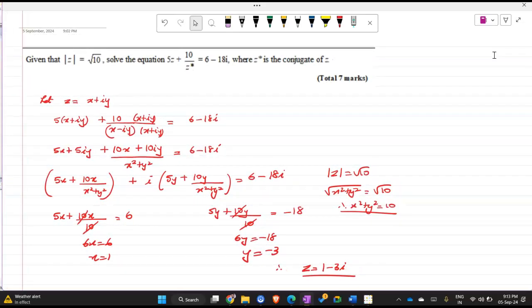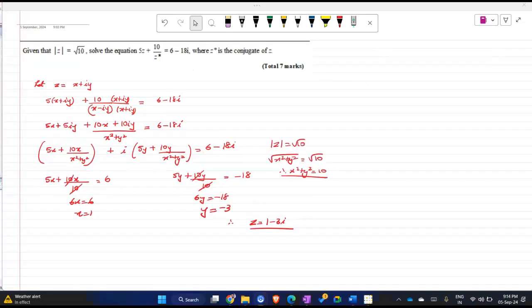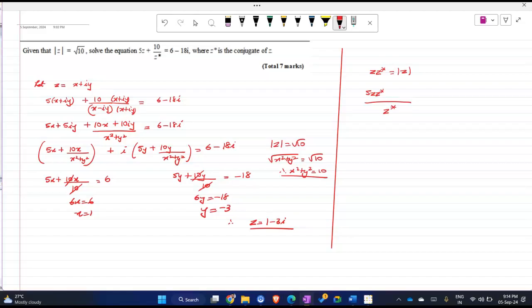Now what you're doing is not wrong. Other method: you need to remember that z into z star is mod z squared. Correct? Because that's your a square plus b square. So if I take LCM over here, z star, this is 5z z star, correct? Plus 10 is equal to 6 minus 18i.